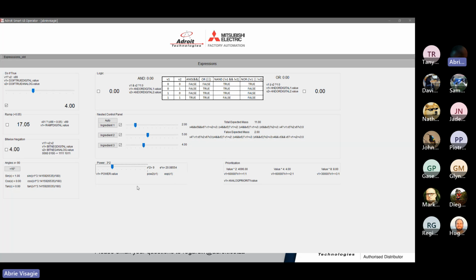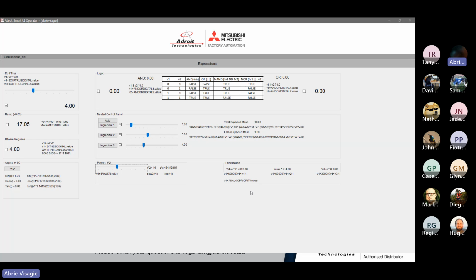We change this value, we can see as x changes, each value is converted or calculated to the power of 2, as well as Euler's number being raised to the power of x that we have here.